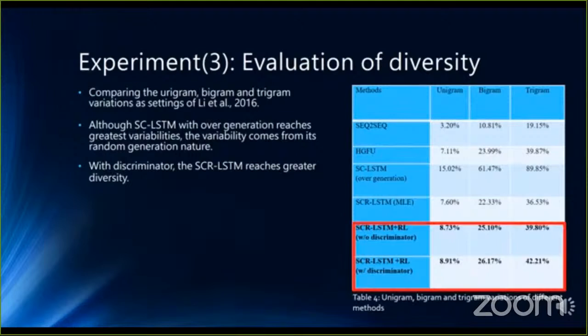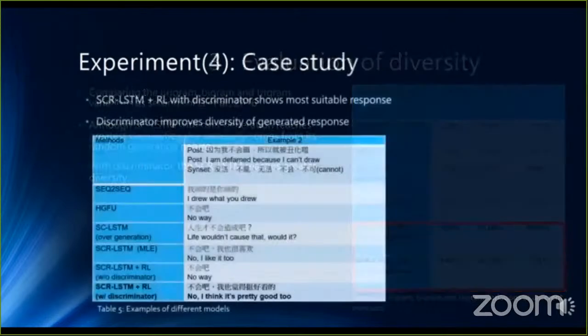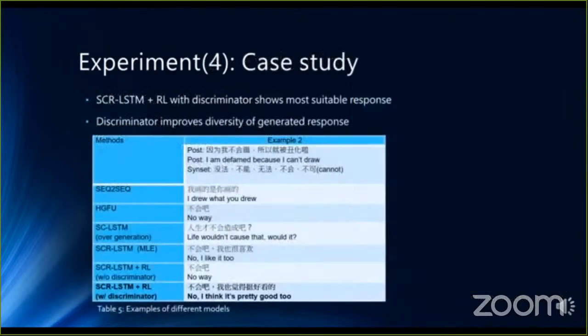And our proposed methods reached great diversity in this evaluation. What should be noticed is that by comparing methods with and without discriminator, we can find that the discriminator brings greater diversity to response generation.